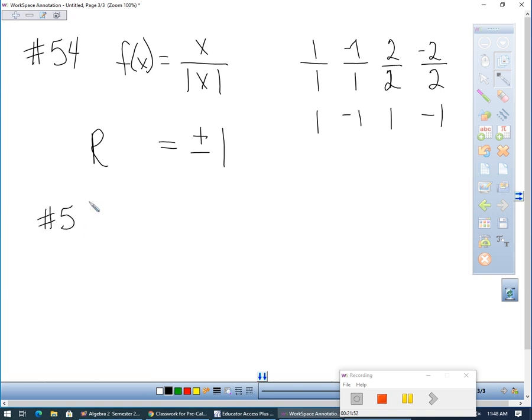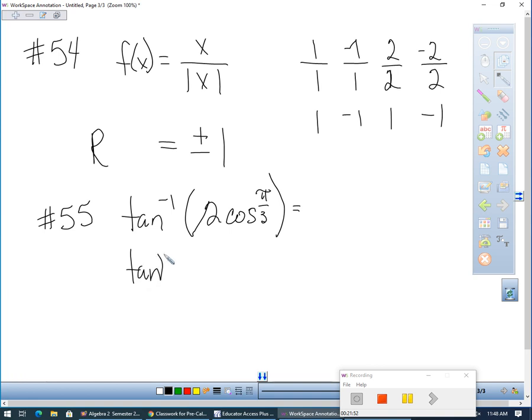Number 55. On number 55, we have the tangent inverse of 2 cosine pi over 3. So we need to first evaluate inside this parenthesis. So tangent inverse of 2 times, what is the cosine at pi over 3? At pi over 3, the cosine is 1/2.